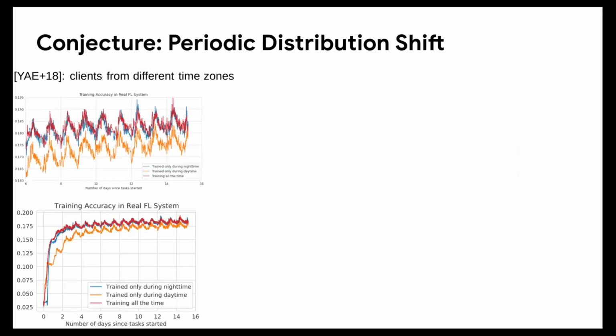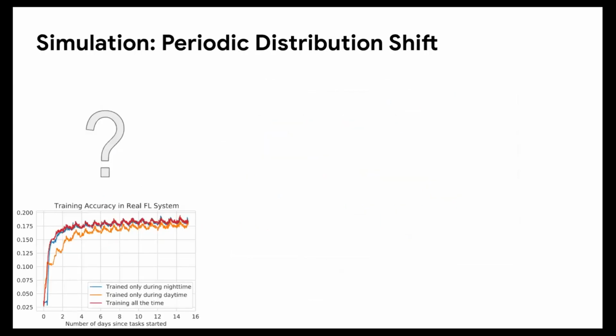So what can we say about it? We actually don't know exactly what caused this oscillation. One conjecture we often consider is that in this cross-device federated learning system, because of the criteria for clients to participate in training, the one that we talked about before, some of the mobile devices are more likely to participate in training during their local nighttime.